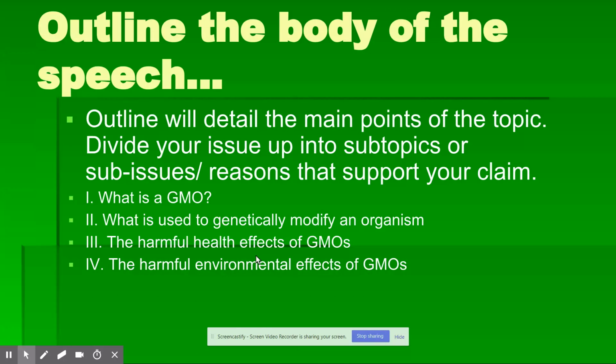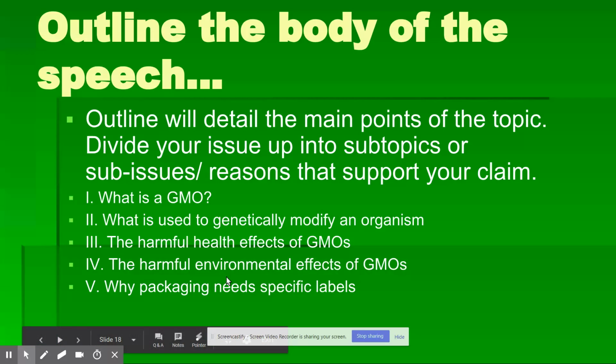For Roman numeral 4, I'm going to talk about the harmful environmental effects of GMOs. For Roman numeral 5, I'm going to talk about why packaging needs specific labels. And then lastly, I'll have my rebuttal, okay? So literally for the Roman numerals on your outline, you are just going to take your main issue, divide it up into sub-issues, subtopics, or reasons that support your claim.